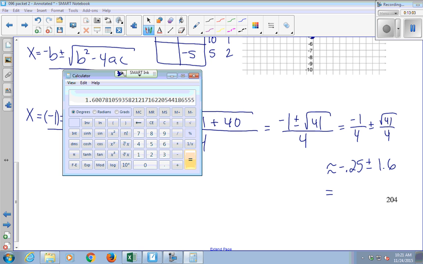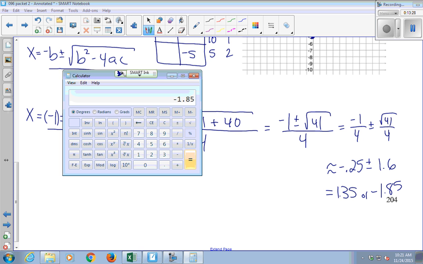Okay. So now I just have to do the plus or the minus. I have negative 0.25 plus 1.6, and I get 1.35. Or then I have to do the minus. Negative 0.25 minus 1.6, negative 1.85.